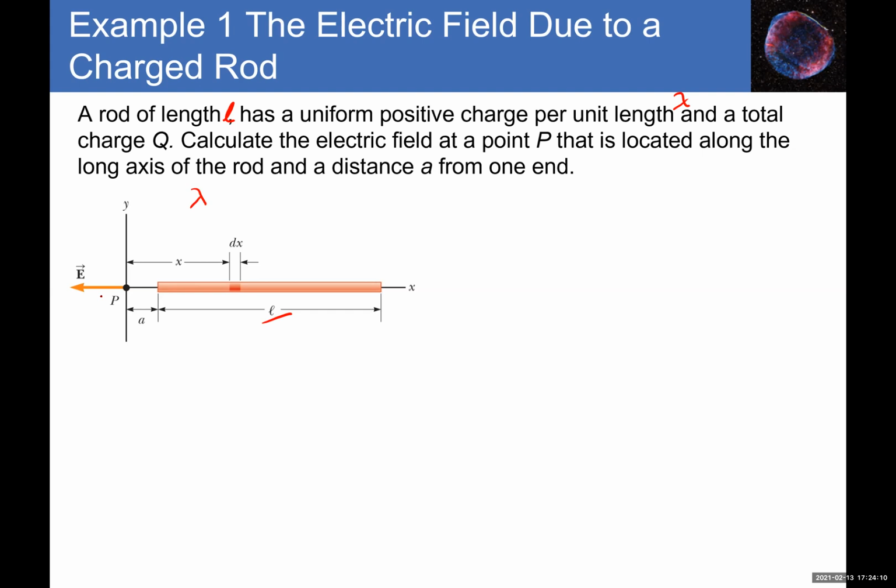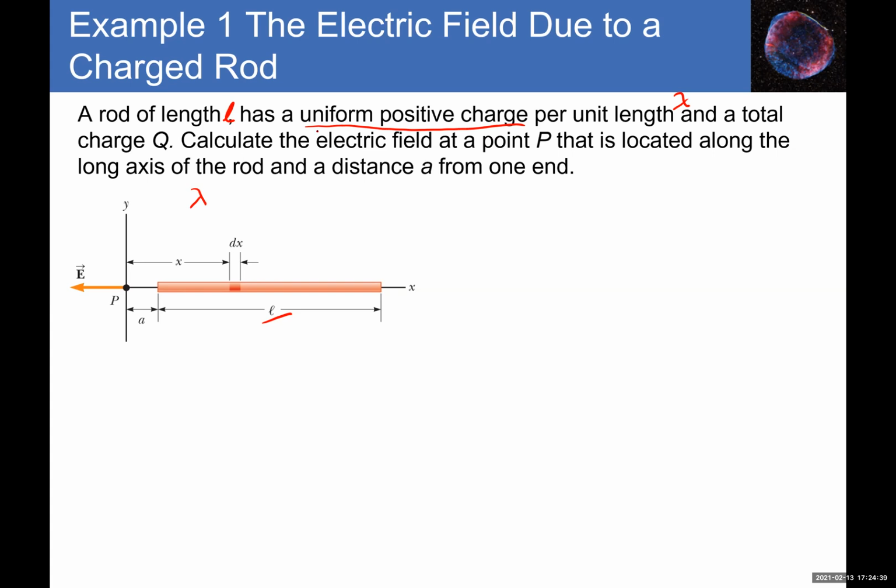It's a uniform positive charge per unit length. Remember, charge per unit length is lambda. You can say it's a charge density, either linear charge density or surface charge density. If they're positive, that means your object itself has a total positive charge.